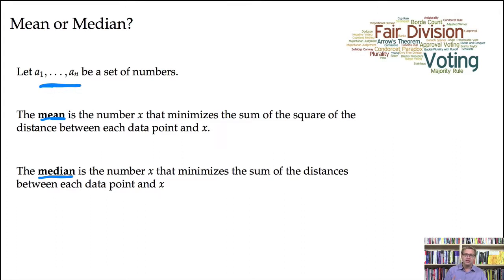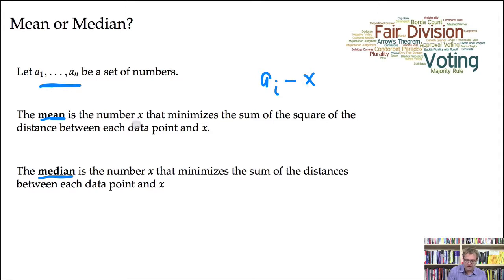The mean, it turns out, is the number that minimizes the sum of the square of the distance between each data point and x. So the idea is we have all of these numbers, and for each number a sub i, we look at the difference between a sub i and x.